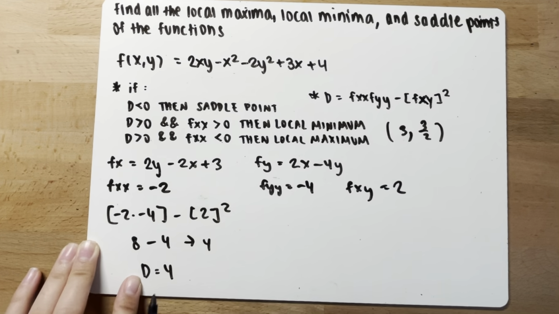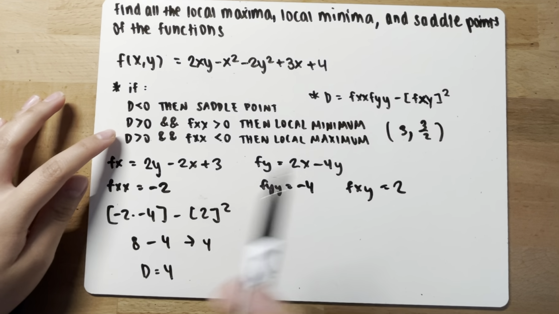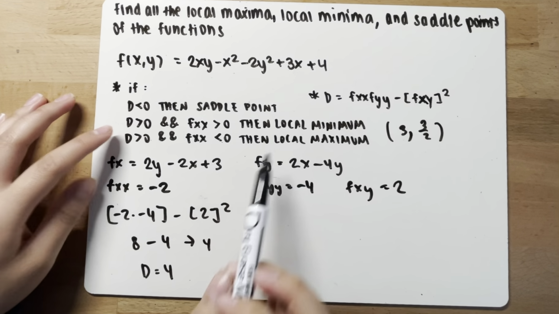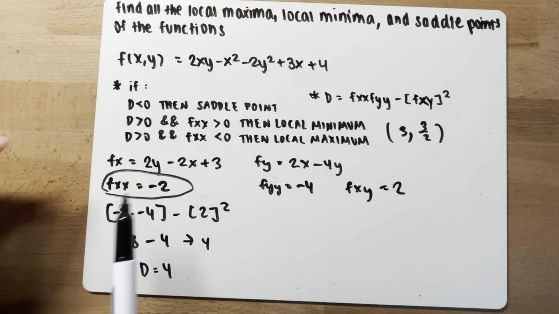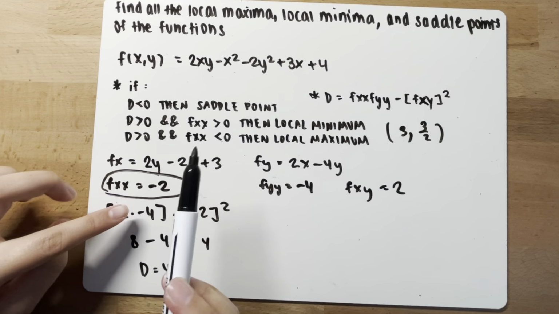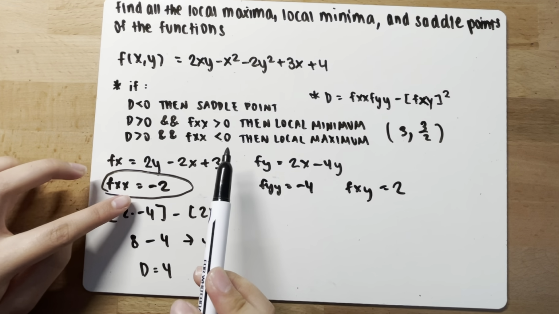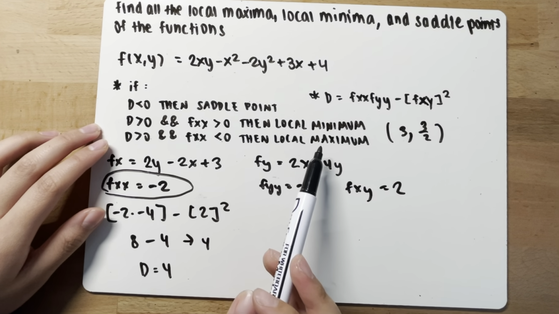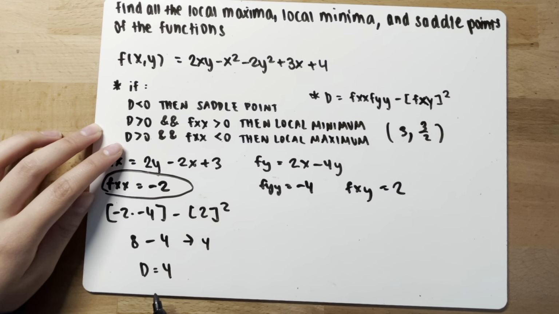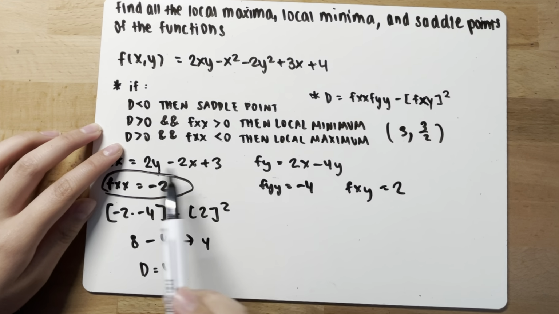Okay, so since the discriminant is greater than 0, it can either be a local minimum or a local maximum. And in order to find out which one is which, you're going to look at this term and see if it's a positive or a negative number. Because this is a negative number, it would be a local maximum, because local maximums occur when the discriminant is greater than 0 and f double x is less than 0.